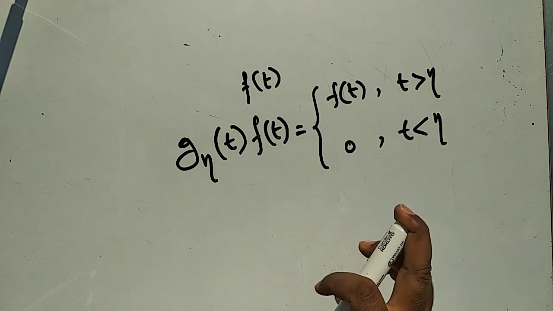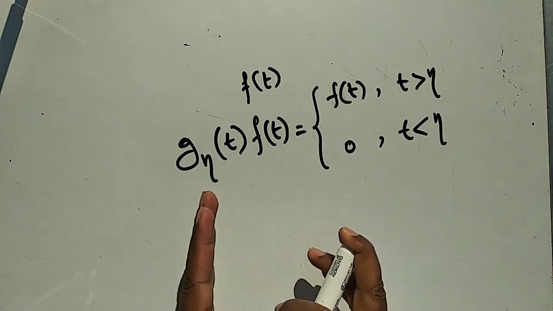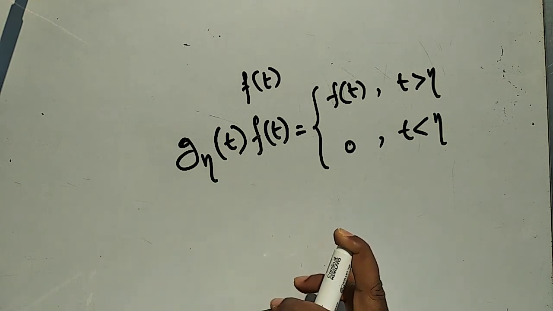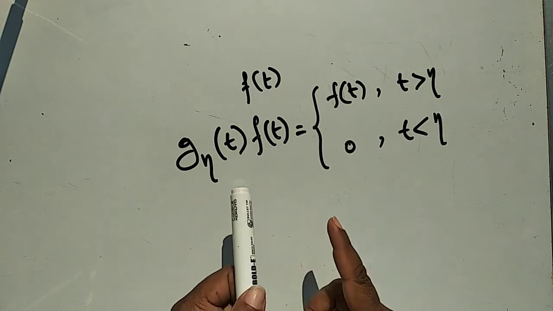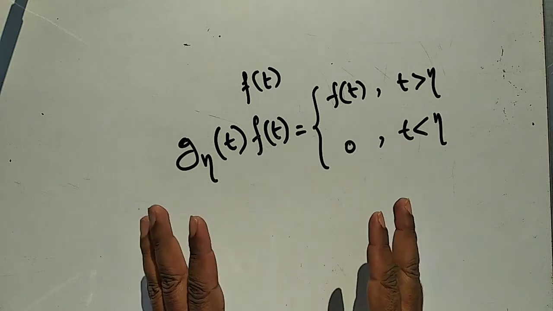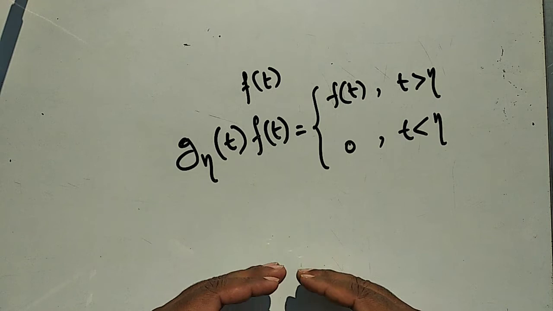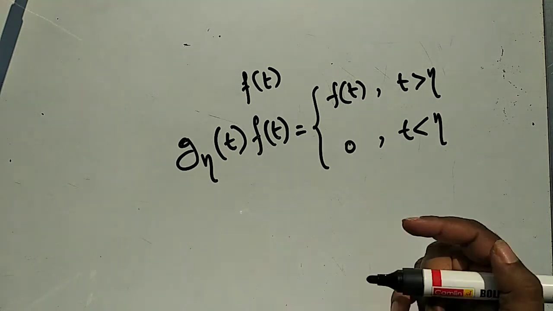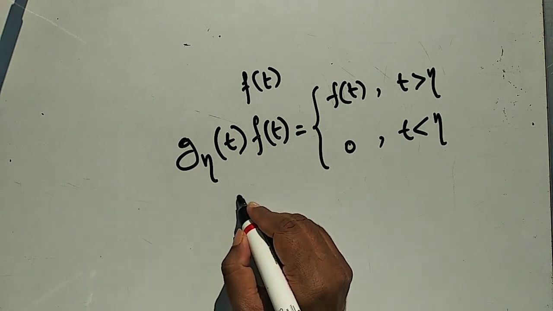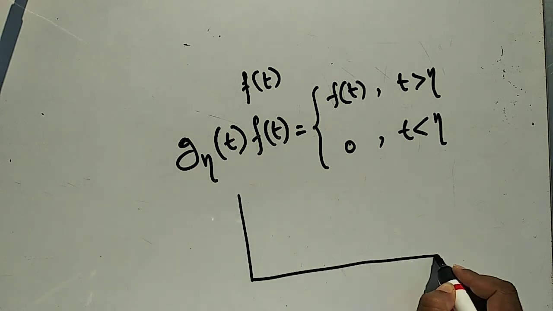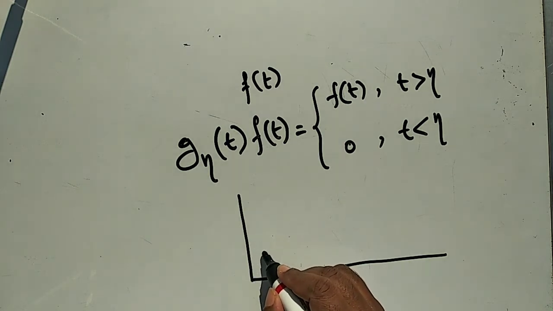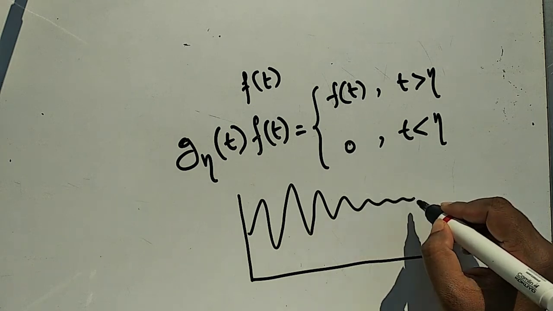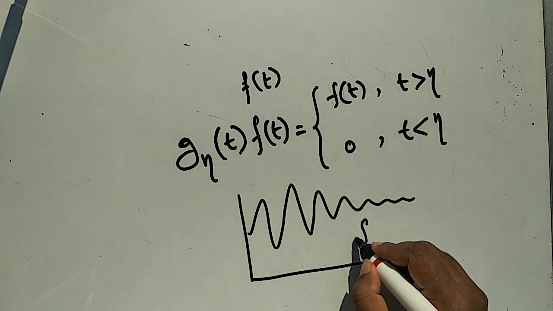Now come to the point. I need the value of ft for t greater than 0. So in this case I am losing few points. Okay, so while translating the function, means if I draw a graph, suppose this is my f of t.